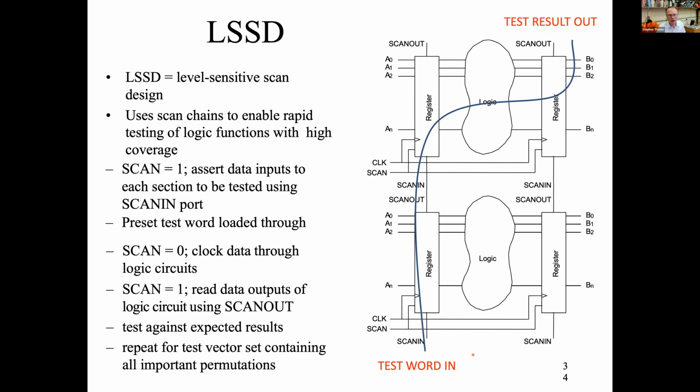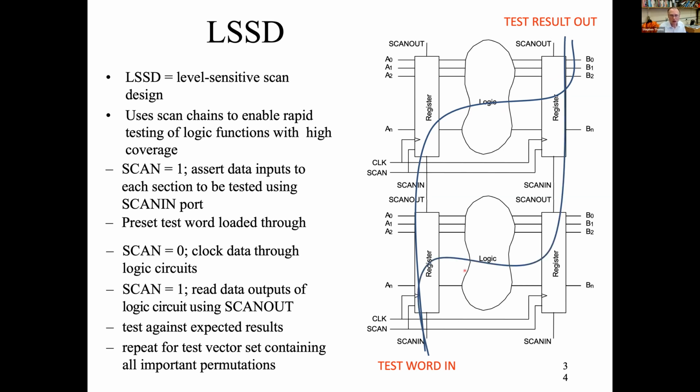Supposing it's a nice simple 8-bit register, typically it might be a 64-bit register. You're scanning in each bit of the register, so 8 or 64 clock cycles to set up the data. Then it passes through the logic, and you're reading it out in the scan out here and checking that this particular logic block did what you wanted.